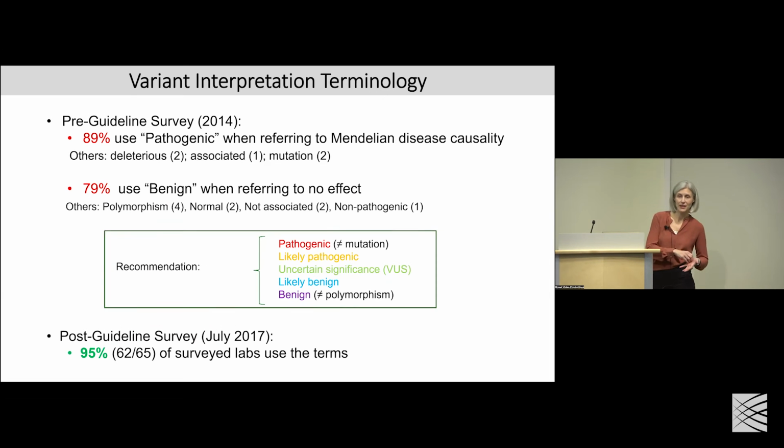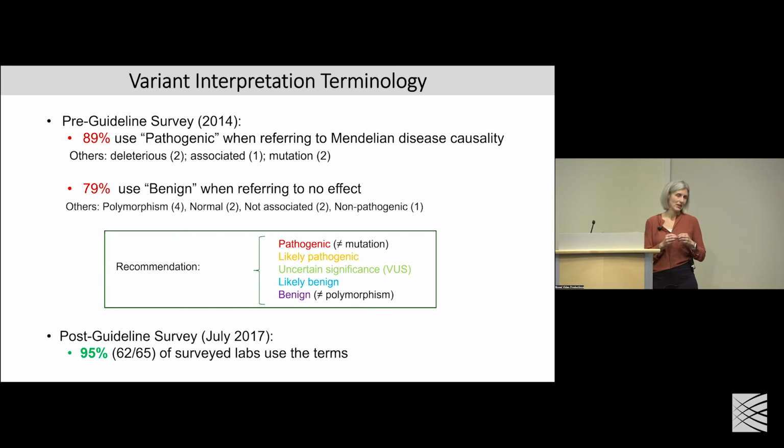In addition to telling us how to classify variants, this guideline standardized the terminology in the field, which was an important step, suggesting that variants should be classified into these five categories listed in rainbow colors here: pathogenic, meaning this is definitely a disease-causing variant; benign, meaning this is definitely not a disease-causing variant; and likely pathogenic and likely benign on either side, which reflect about a 90% confidence level.